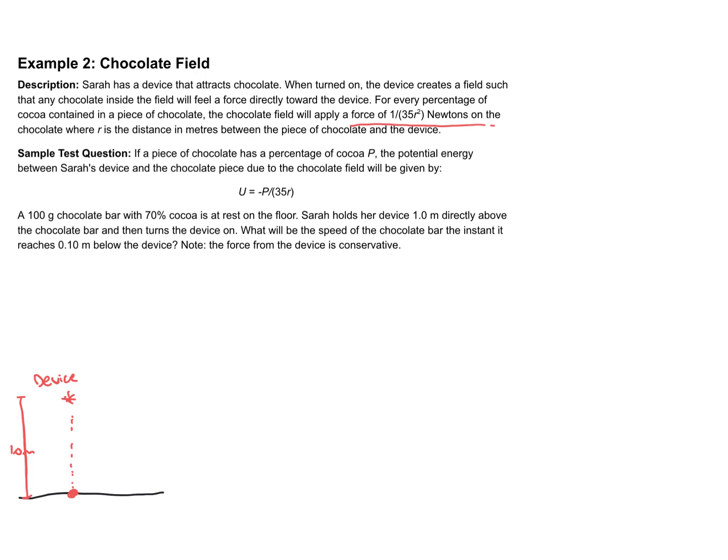So r stands for the distance between the device and the chocolate bar. That distance starts at 1 meter, but as the chocolate bar rises, that distance decreases. And as that distance decreases, that's going to change the amount of force. Now, because the force is changing, then the acceleration is going to change.